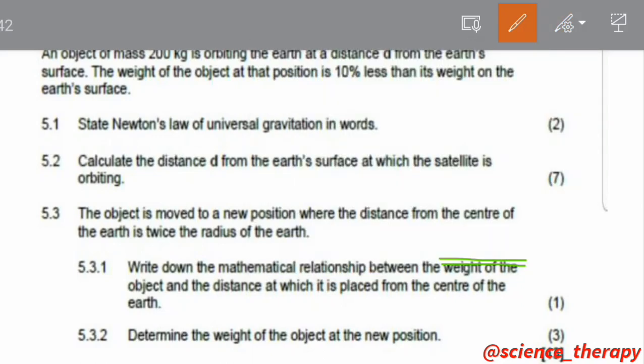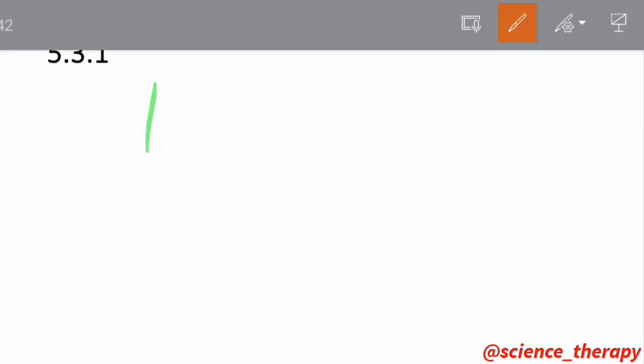Now you will note that we do have this relationship from the definition. Remember, it says where the gravitational force is directly proportional to the product of the masses and inversely proportional to the square of the distance in between their centers. So inversely proportional. A mathematical relationship, this is how we show that.